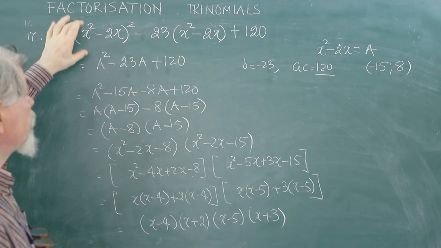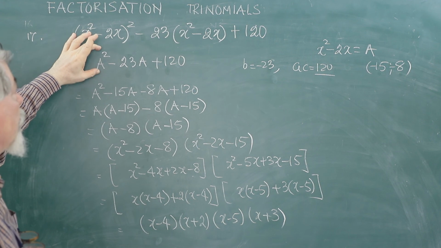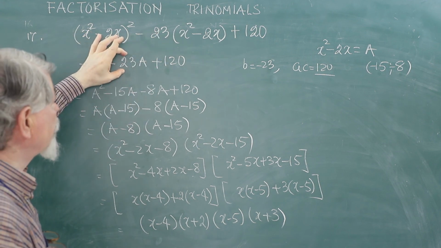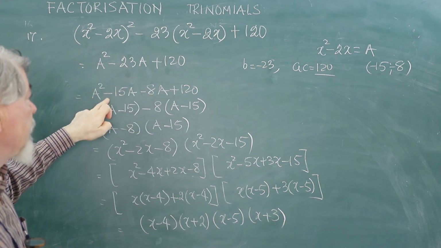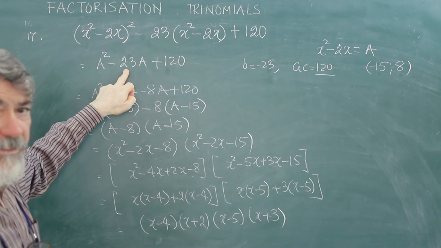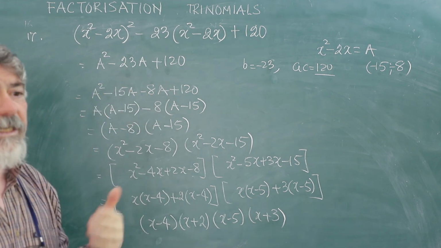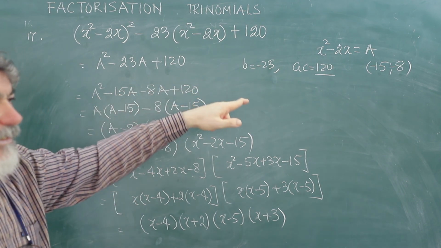So we substituted x square minus 2x is equal to a. We got a square minus 23a plus 120. I split 23 as minus 15 minus 8. Minus 15 minus 8 will give you minus 23, and when I multiply minus 15 into minus 8, I'll get 120 plus, which was the product of AC.